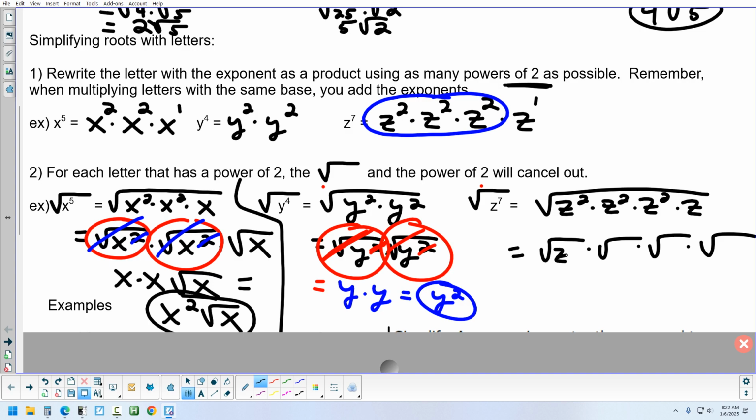So we have z to the 2nd, z to the 2nd, z to the 2nd, and a z. What's going to happen in the first one?